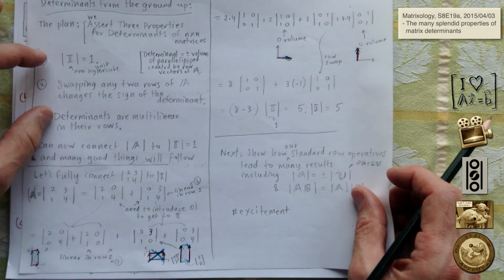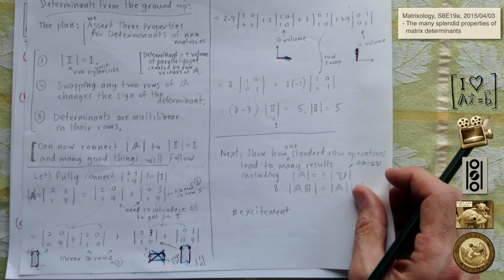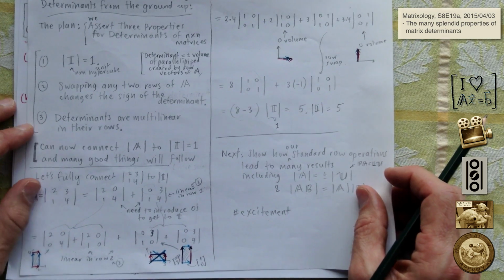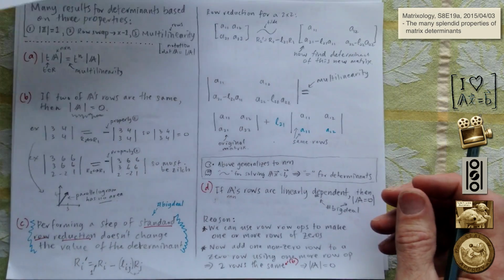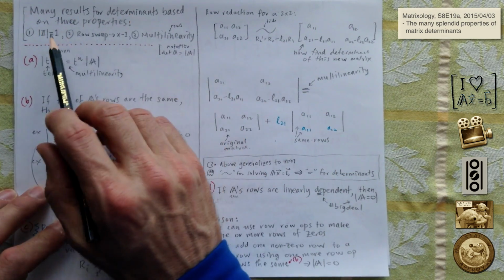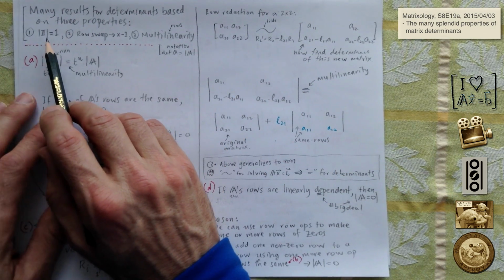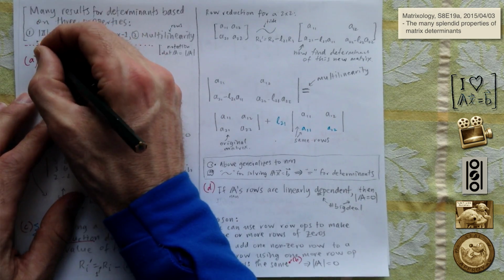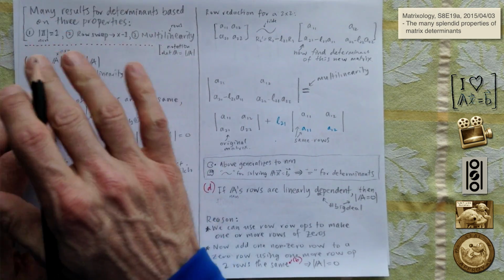All right. So the plan is using these 3 rules to build up to some general results about determinants. And that's where we are now. So here they are again. So properties. Identity matrix. The determinant of the identity matrix is 1. This is for n by n's. I've pre-written these out.